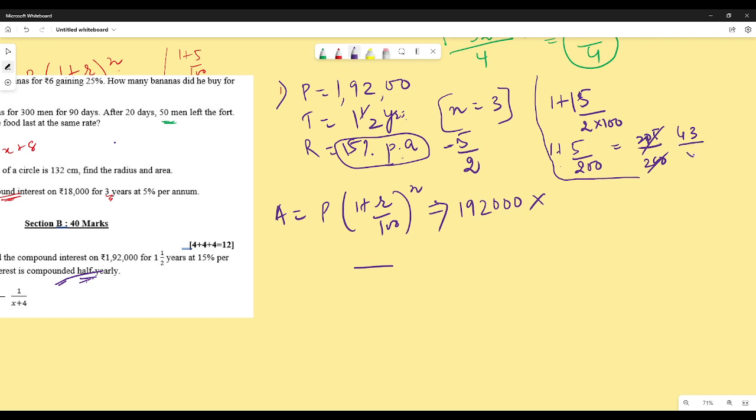So this comes to 43 by 40, right? So this becomes 43 by 40 into 43 by 40 into 43 by 40. I don't know, this pen seems to be not working properly. So you cancel out all the zeros.